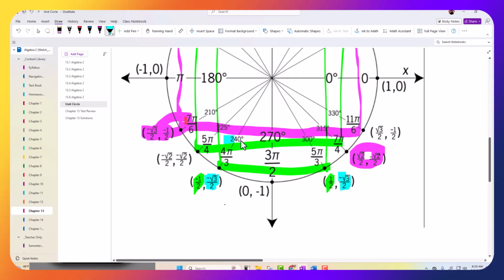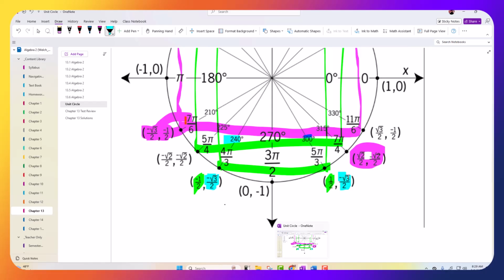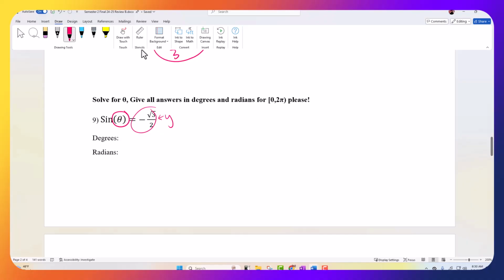That would be at 240 and 300 degrees. So I'm going to go ahead and say that my answer for degrees would be 240 or 300 degrees, and the pi equivalent to those would be 4 pi over 3 or 5 pi over 3.